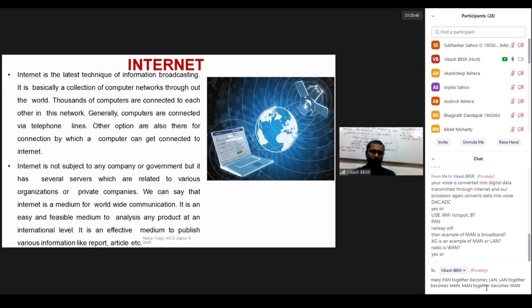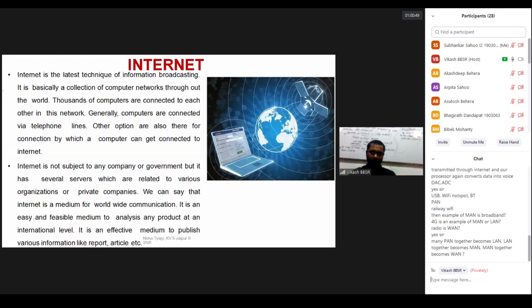See here. What is the internet? Who can say? Because the MAN is nothing but a combination of small LANs. Similarly, WAN is either the combination of all LANs or the combination of both LAN and MAN.